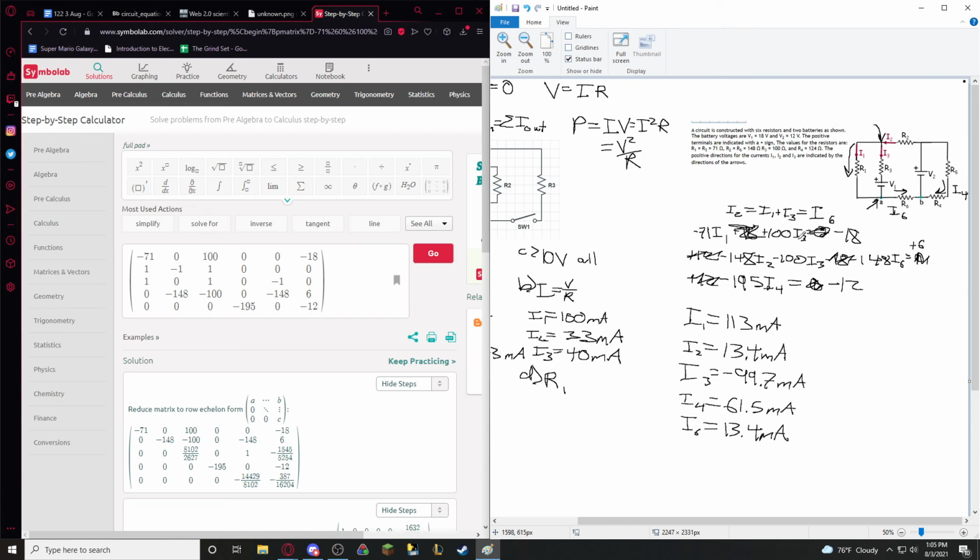For example, for this equation, it's negative 71 I1, so we put negative 71, plus 100 I3, and we don't have any I2, I4, or I6, so those are all 0, and all of that equals negative 18. We put that in the last column. For this last one, negative 195 I4 equals negative 12, so 0, 0, 0, negative 195, 0, negative 12.